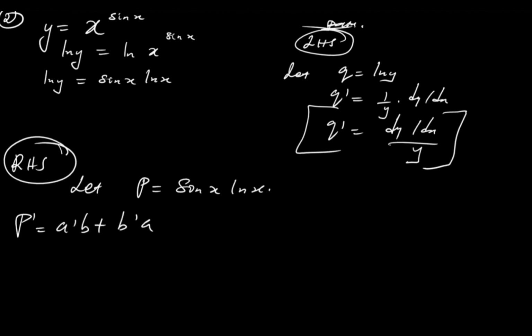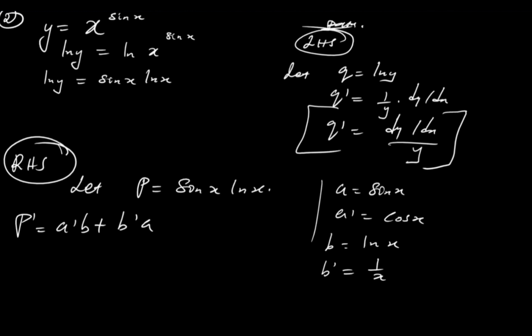To do up some data, you will know that a is equal to sine x. So a prime is equal to, derivative of sine is cos, so I have cos x. What is b? B is simply ln x. What is b prime? It's 1 over x times derivative of x, which would be 1.